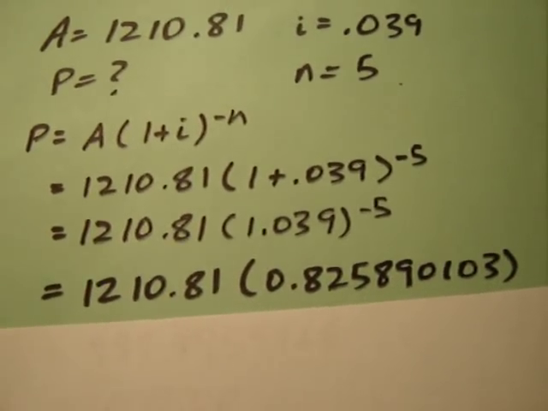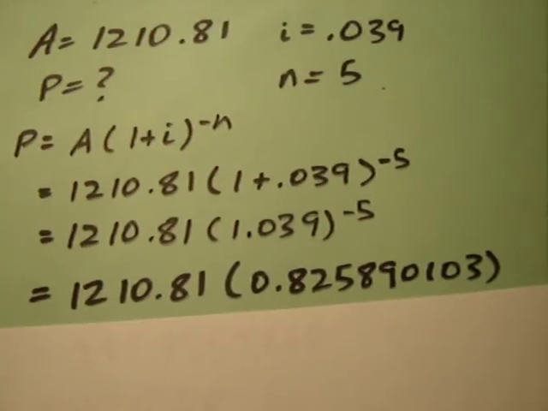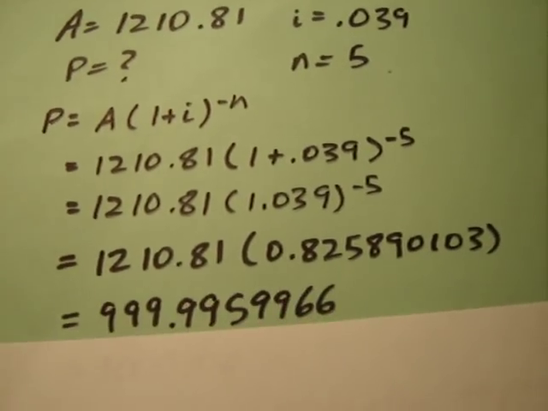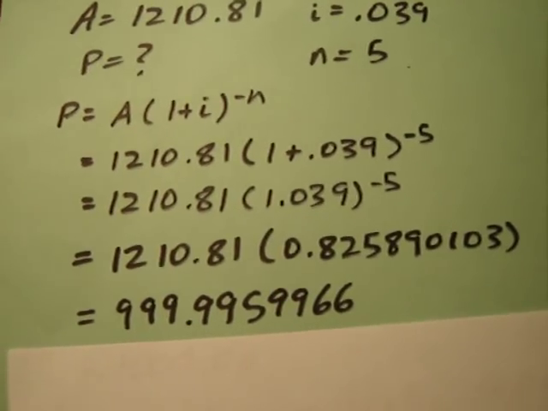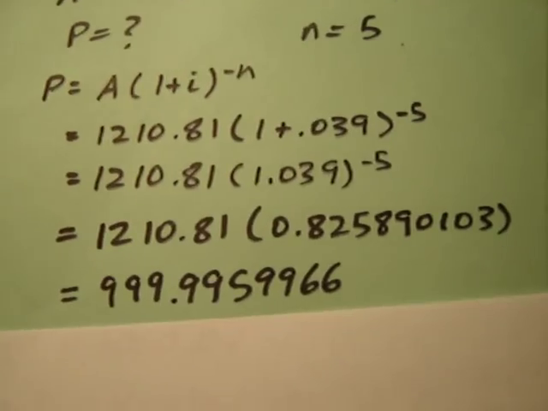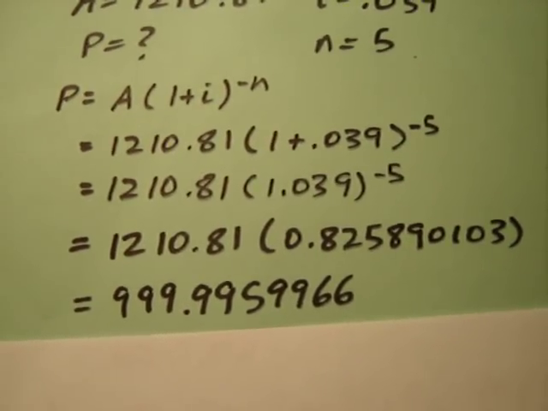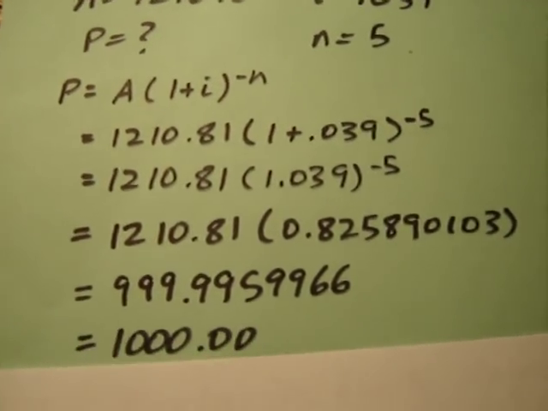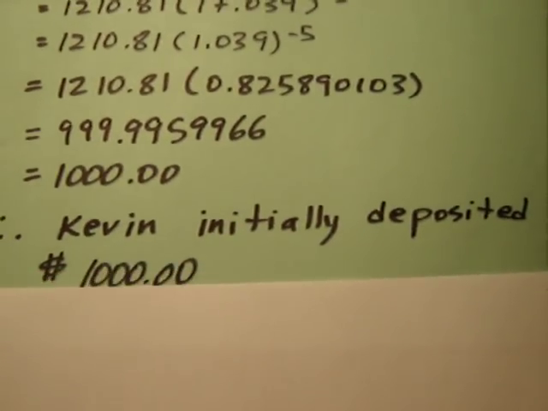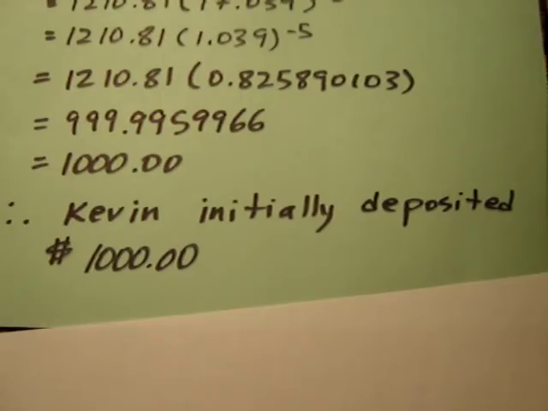That's 1,210.81 times 0.8258900103, which comes out to 999.9959966, which if we round to the nearest 2 decimal places actually becomes $1,000. And so we can say that Kevin initially deposited $1,000.